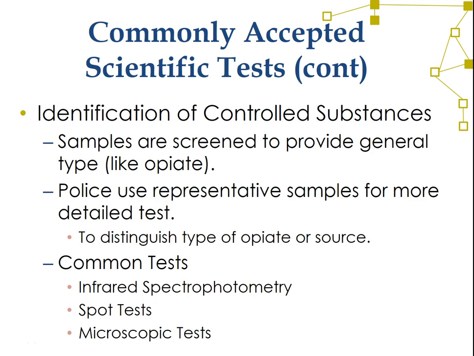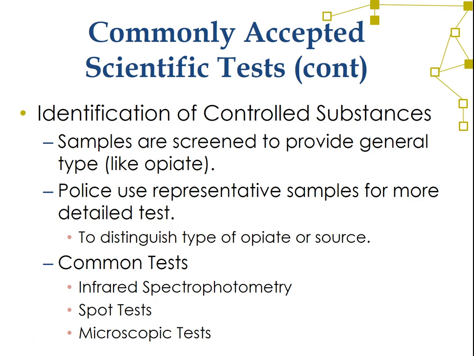Testing for controlled substances is essentially qualitative and quantitative organic chemical analysis. And as the number of drug cases has increased, and the demand on the forensic laboratory, new techniques have been developed to do the job a little bit faster and more accurately.